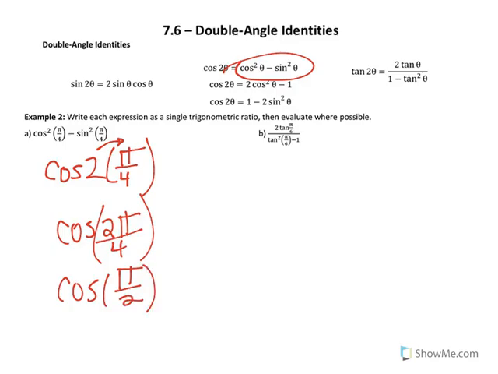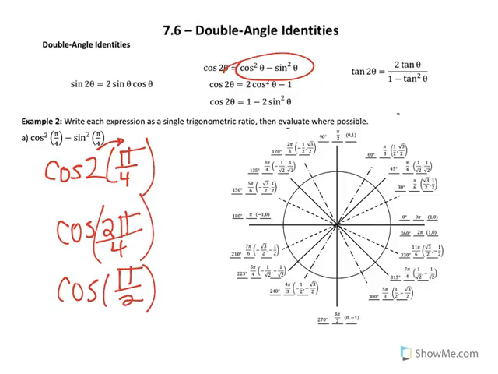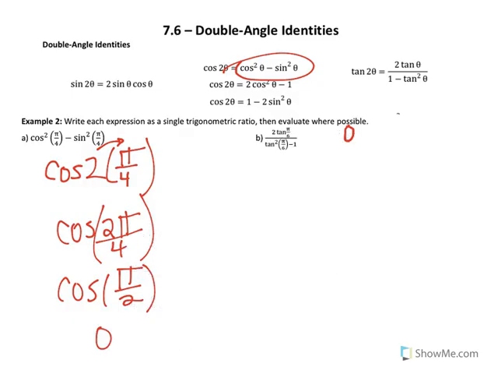We can use our unit circle, and cos of pi over 2 is right there. So my answer is 0. Okay, let's do the next one.